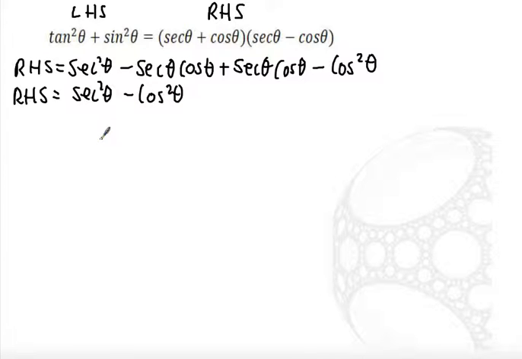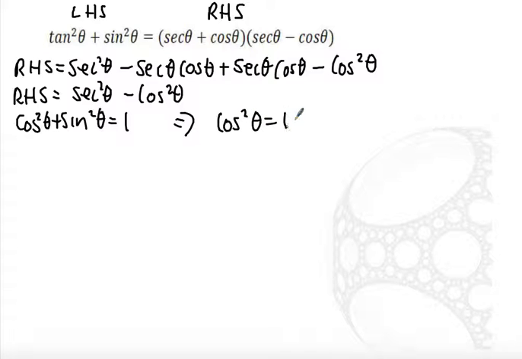At this point there's no more operations that I can see to do, but if I look at my left hand side, I notice that I need a tan squared and a sine squared. What I know from the Pythagorean identities is cos squared theta plus sine squared theta equals 1, so cos squared theta equals 1 minus sine squared theta.